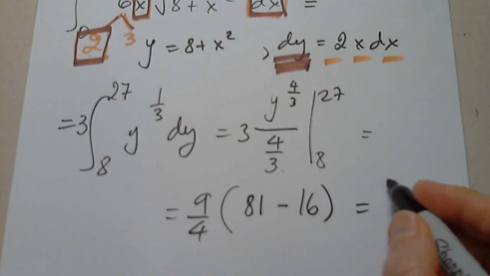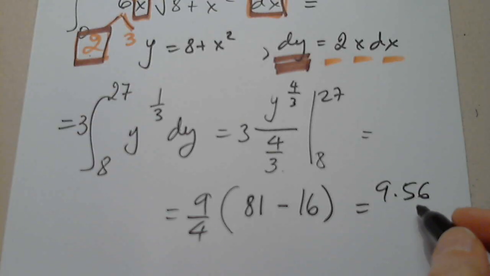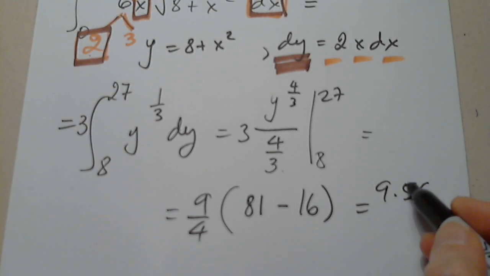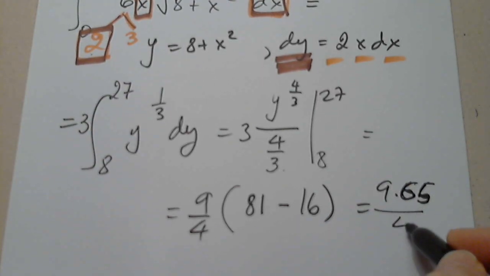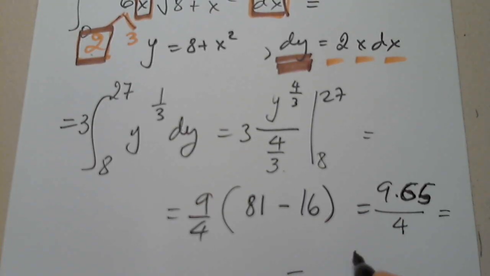So I have 9 times 65 divided by 4. So what do I get?